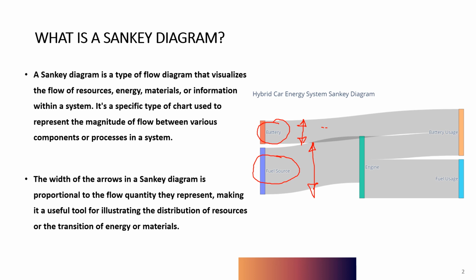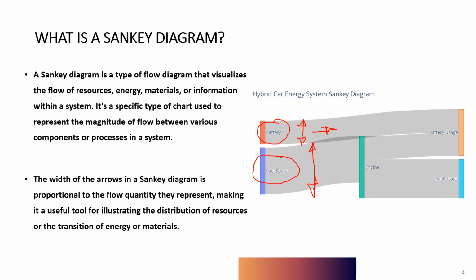So from here you can clearly see that for a hybrid car, the energy from the fuel source, I mean the petrol or the diesel or whatever you're using to power the hybrid car, or hydrogen, is higher than the amount of energy that comes from the battery source. So that's what we're learning from this diagram.